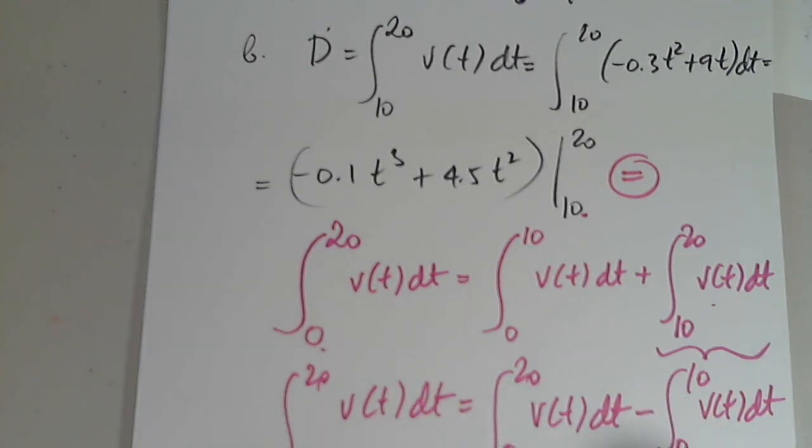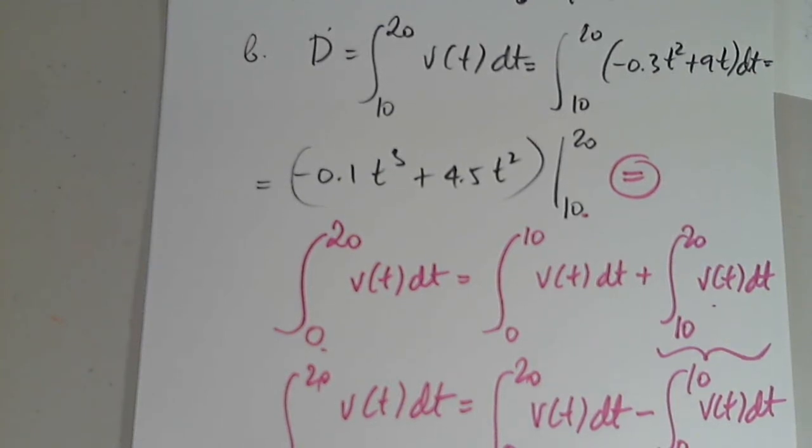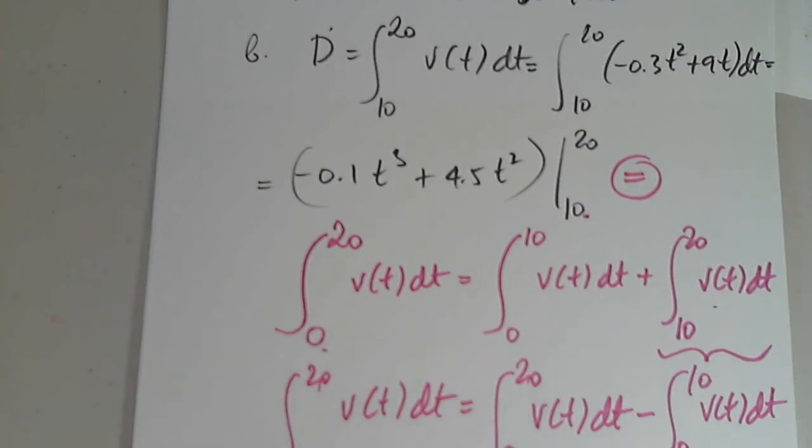So negative 0.1 times 10 to the third plus 4.5 times 10 squared, which is basically the same thing I just obtained. So this piece is anyway 350. So I only need to determine this one and subtract 350 from it.